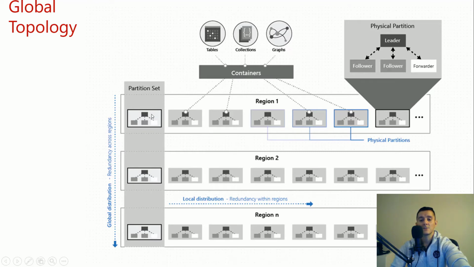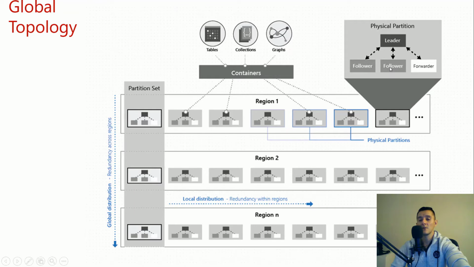Let's say each one of these is its own physical cluster, and then they're associated with other physical clusters in the other regions. Inside each one of these clusters is what is considered a physical partition of Cosmos DB. And if you look here in the corner, the physical partitions have a leader, which would be the primary inside that cluster.